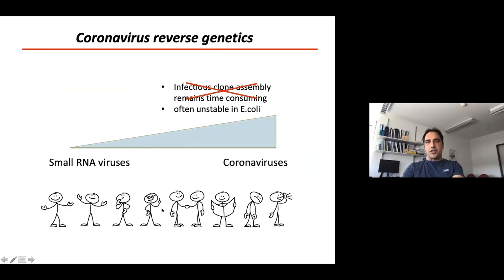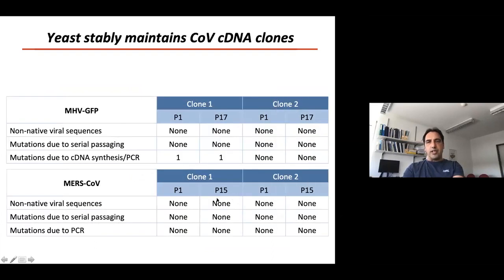So the first part, infectious clone assembly remaining time-consuming, is resolved. Now the issue with instability in E. coli. What we did with MHV GFP, with the clones we obtained, and also with MERS coronavirus clones, we just passaged them.